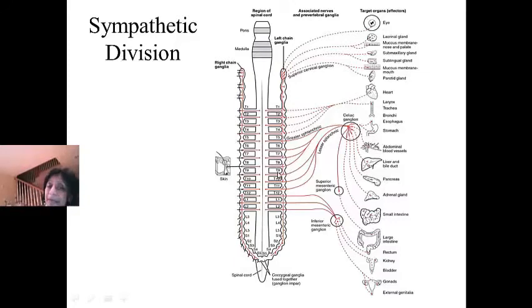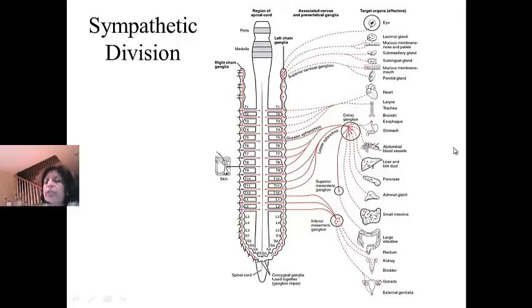In here, the postganglionic neuron that originates will travel a good distance before reaching its effector. The postganglionic neuron in the sympathetic system is typically branched and supplies not just one organ but multiple organs. So the effect of the sympathetic system is widespread.